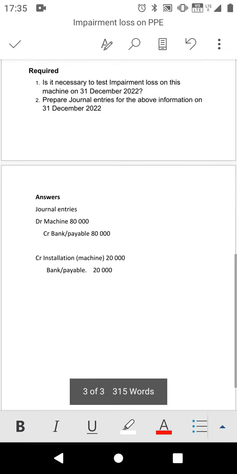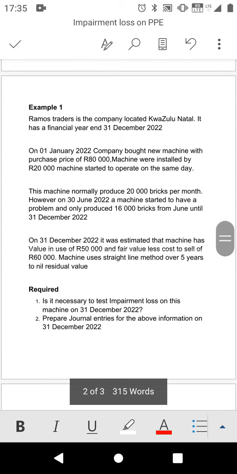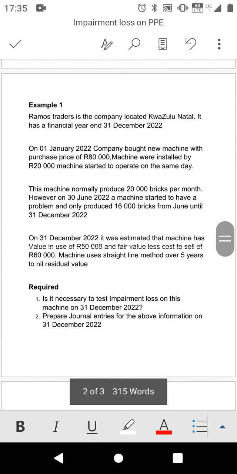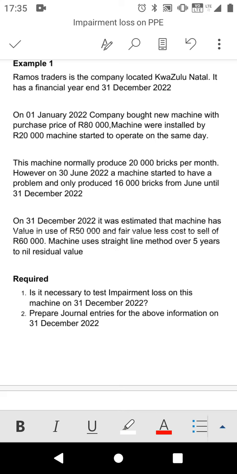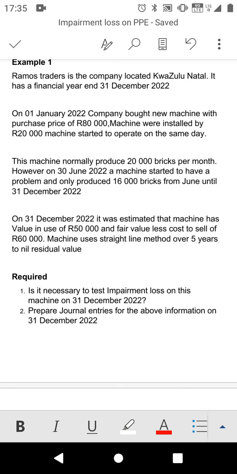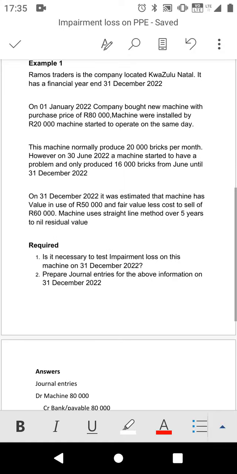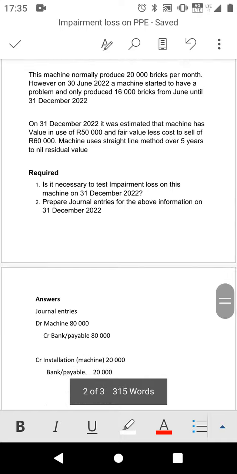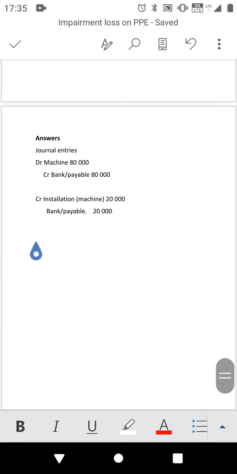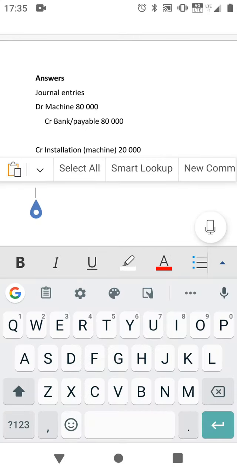Okay, then the second journal we have to prepare depreciation before we test impairment, because impairment they will need the current value and you can't have a current value without depreciation. Okay, we have to calculate depreciation. They say the machine use straight line method over 5 years to nil residual value. Okay, then our cost price we know that is 100,000 because it's 80,000 plus 20,000.